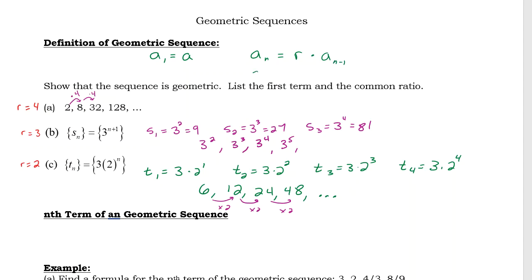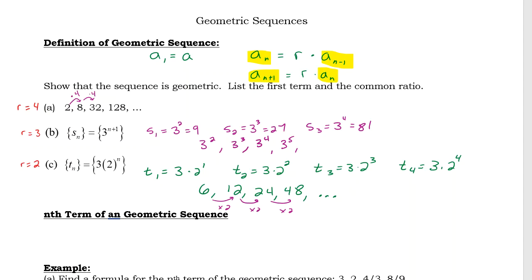I could also write this as a sub n plus 1 equals the common ratio times a sub n. Doesn't matter. All that this signifies is that this is a term and this is the term right after it. The subscripts tell us that either way that we write it.